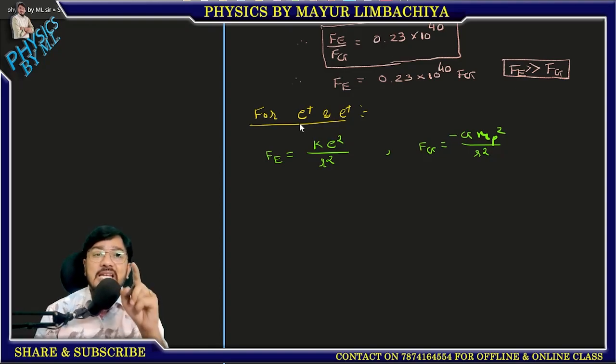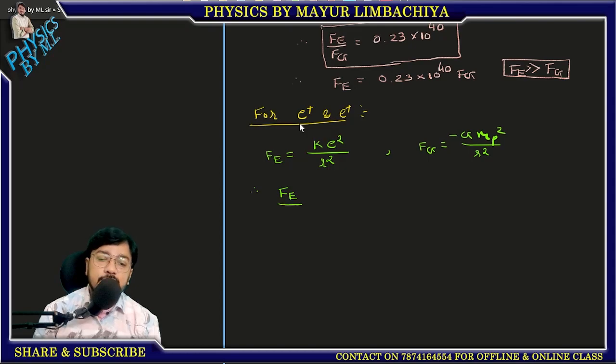There is no sign involved. So therefore, if we do the ratio, Fe by Fg is equal to K e square by R square divided by G MP square by R square. So R square gets cancelled. What we are left with: K e square over G MP square.